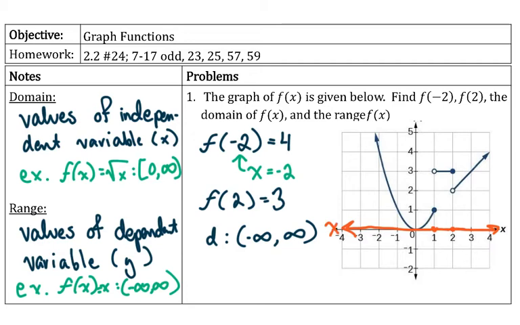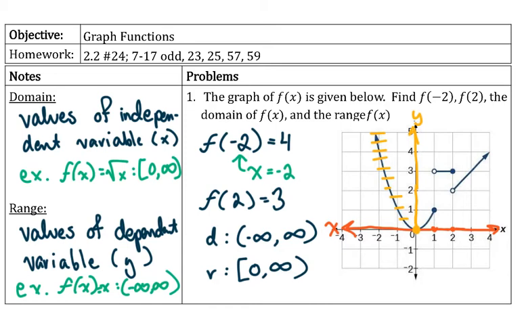Now for y, for the range, it goes on everywhere here, right? We've got all these y values, everything in here, but it ends right here. There are no y values less than that. So then the range in this case is 0, we are including 0, since it does go through at the origin, to positive infinity.